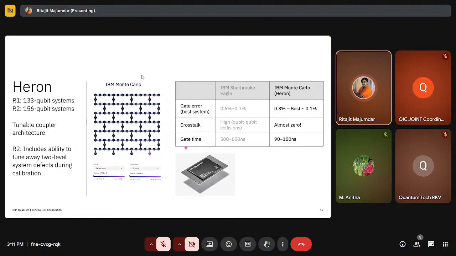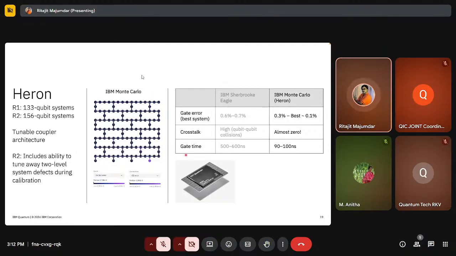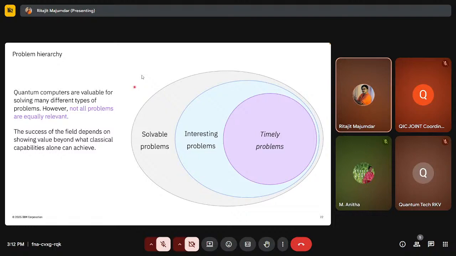See, there can be a lot of problems that you can solve using quantum. Let's assume that you come up with something called quantum bubble sort, something like that. Is that a good problem? Sure, you have done some work and developed a quantum bubble sort. Is it an interesting problem?